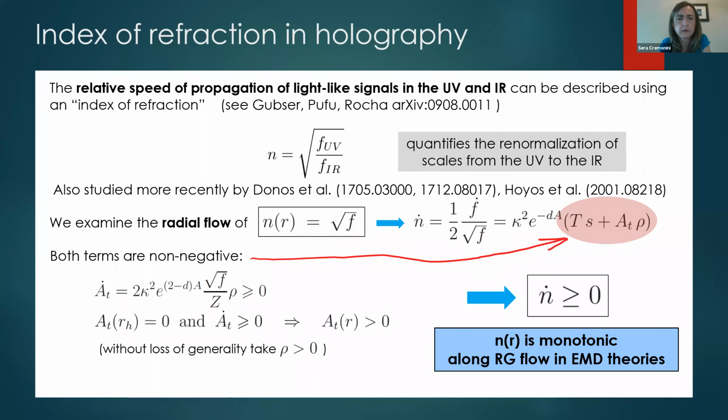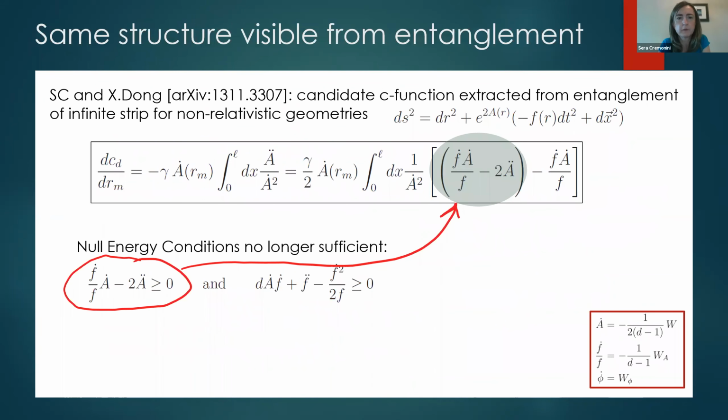But I think what they did is different from what we're doing. We're using this superpotential formalism to try to say something more. I don't think they looked at that in their paper. We're looking at the entanglement entropy, constructing the C function from entanglement entropy. So I'm not surprised. If they're using this type of construction, the C function from entanglement entropy, you can already see from here why generically it's not monotonic.